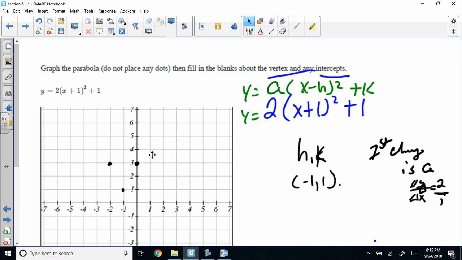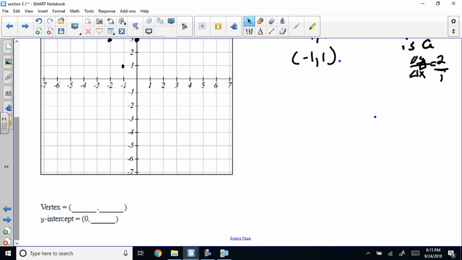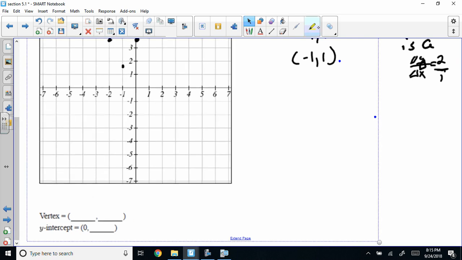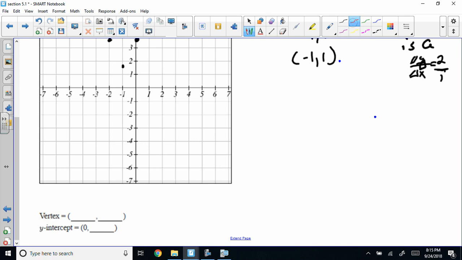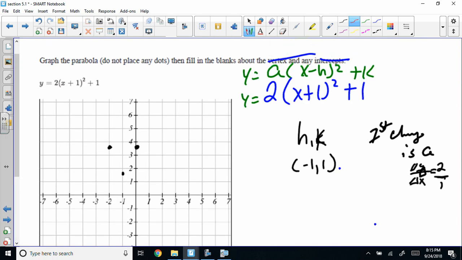Okay. You good? Do we have to answer anything down here? Yeah, what's the vertex? Negative 1, 1, and that's 0, 3, right? Now, how do you find the y-intercept?